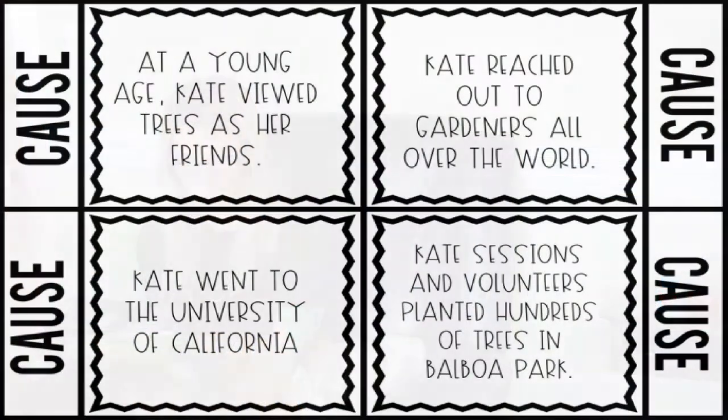Ready? Number 1. At a young age, Kate viewed trees as her friends. So what happened because of that? Pause your video. Number 2, Kate reached out to gardeners all over the world. What happened because of that? Pause your video.